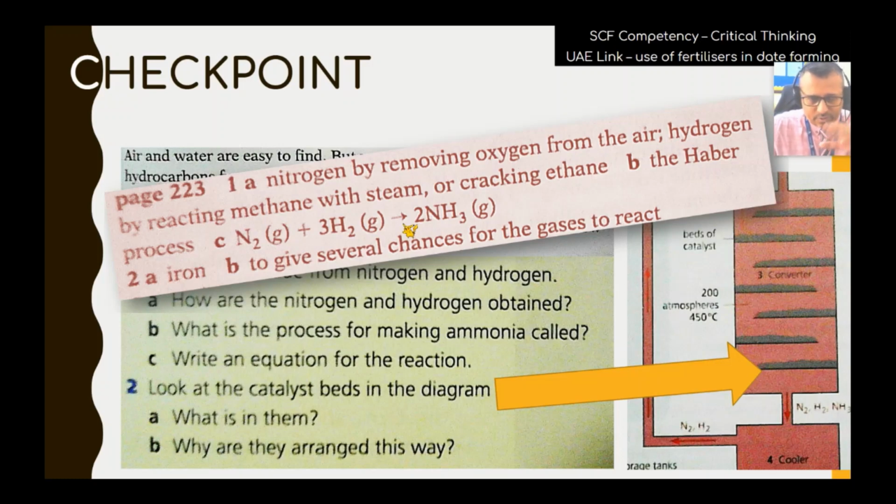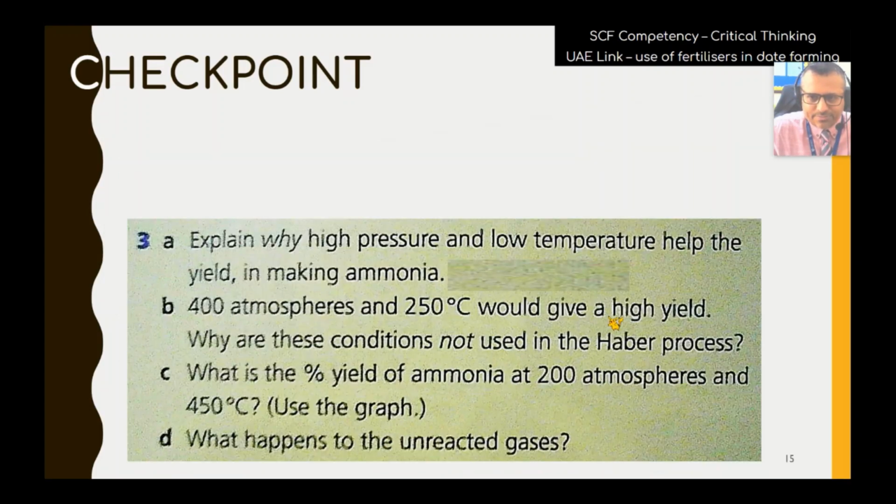The part B question is talking about what the process for making ammonia is called, so it's very clear that you're referring to the manufacture of ammonia. The catalyst is iron, and the reason they're arranged this way is to give several chances for the gases to react.